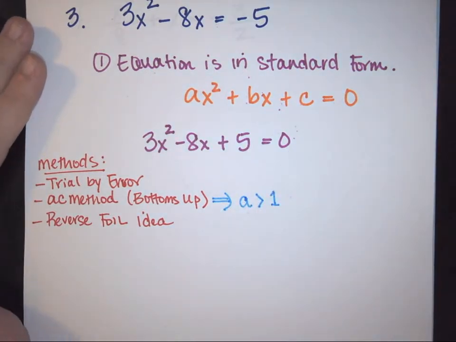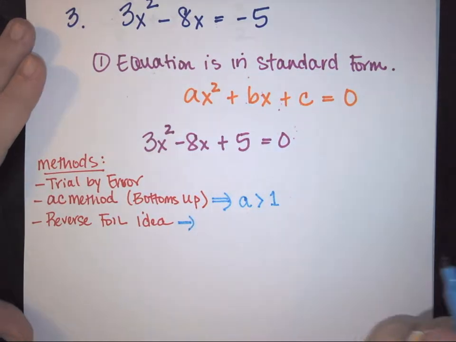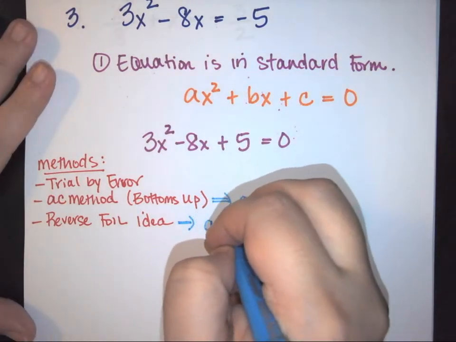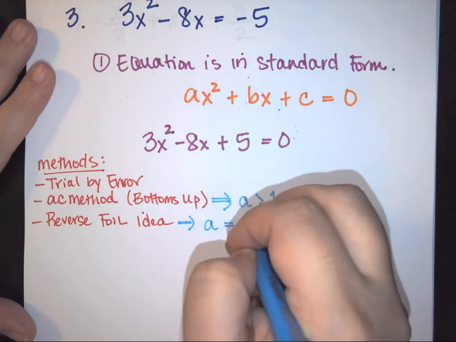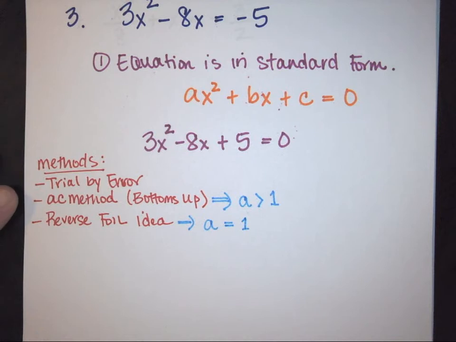Okay, so if my A is something else, then normally I would revert to that bottoms up method. In order to reverse FOIL or go straight into the factored parts, I generally use this if A equals 1.